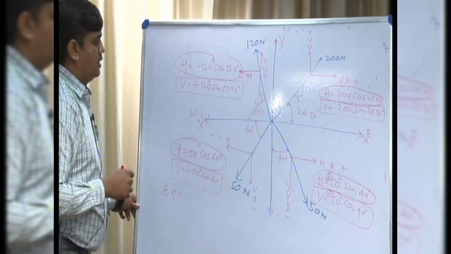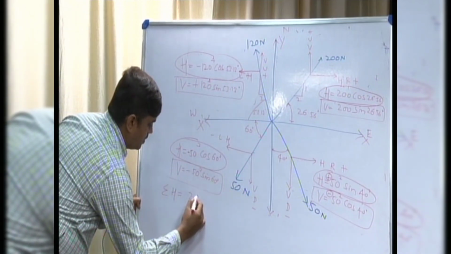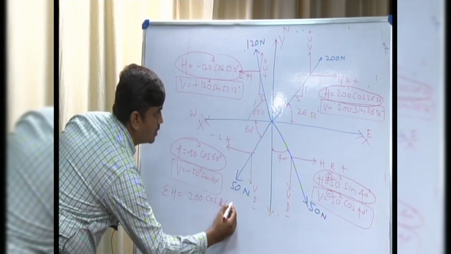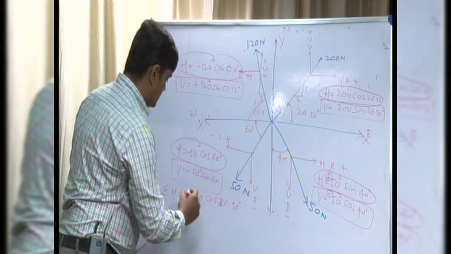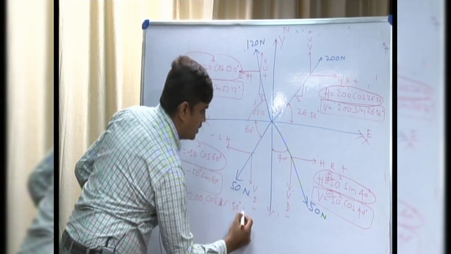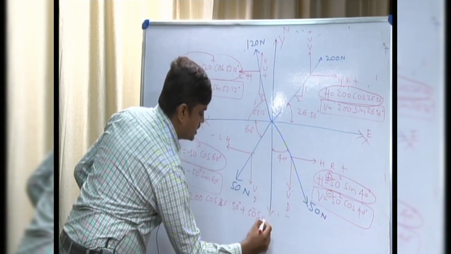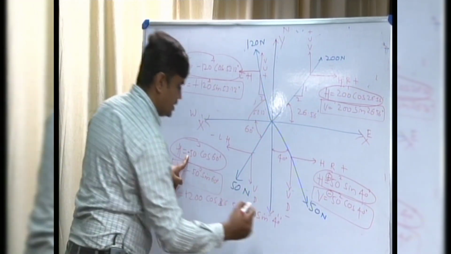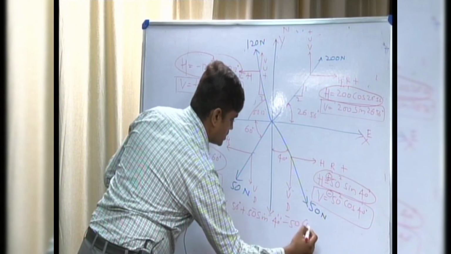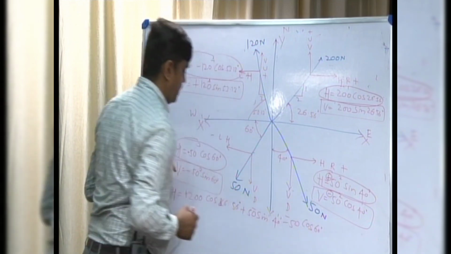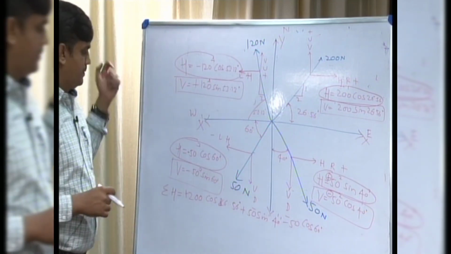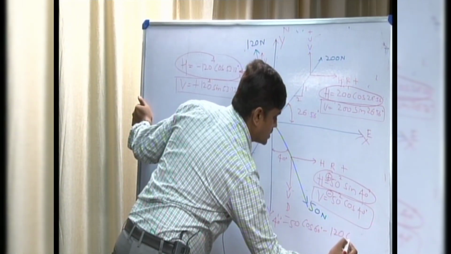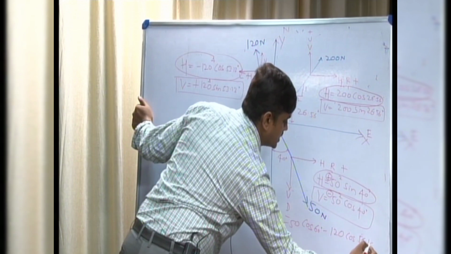First one, 200 cos 26.56 degree plus 50 sine 40 degree. Third one, minus 50 cos 60 degree. The last one, minus 120 cos 53.13 degree.